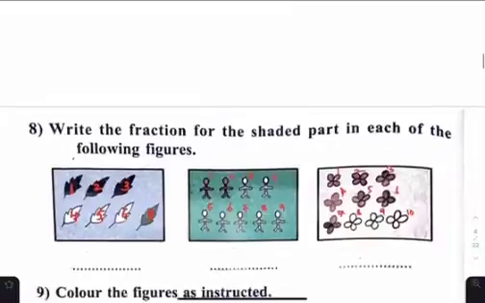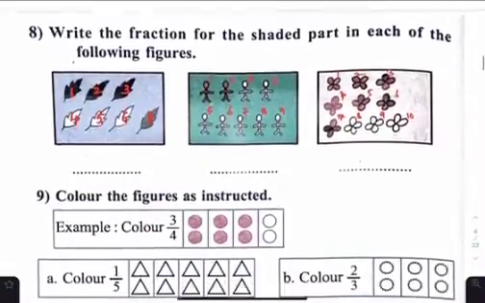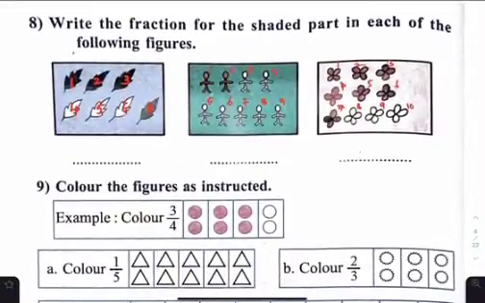Now moving on to the exercise 5.1. The first problem here: write the fraction for the shaded part in each of the following figures. Now if you observe the first figure, we have totally 7 leaves. So out of 7 leaves, we have 4 leaves shaded.